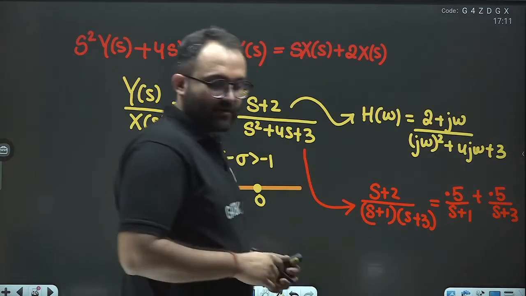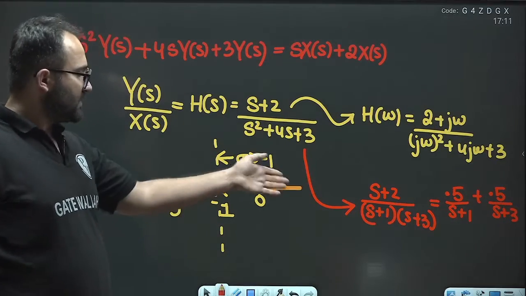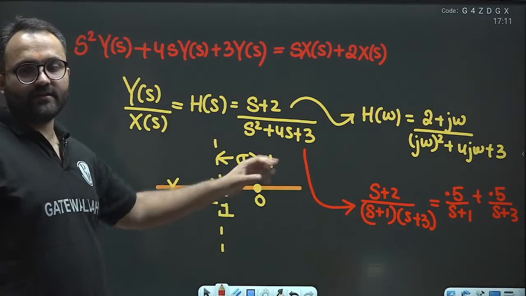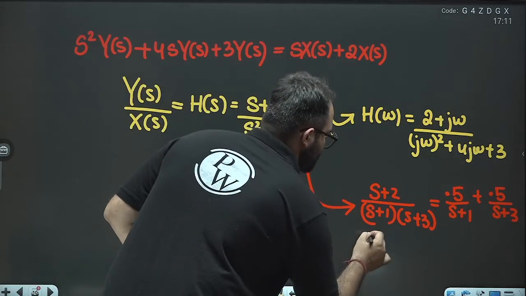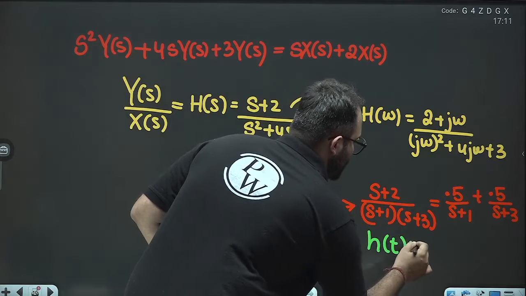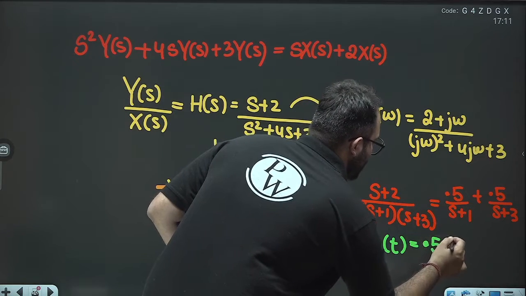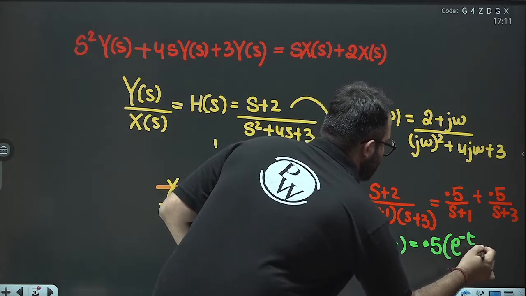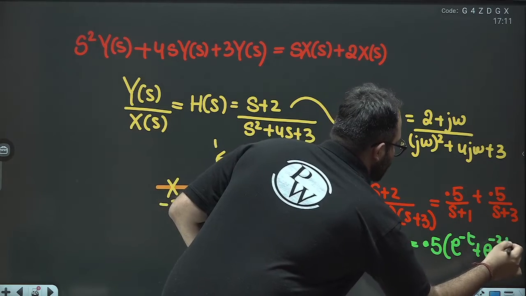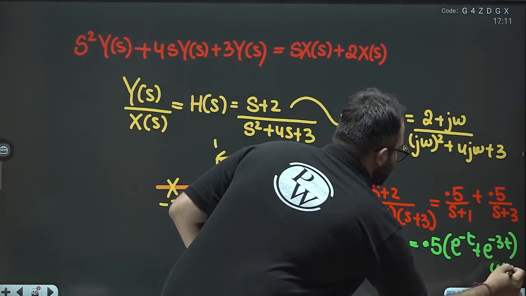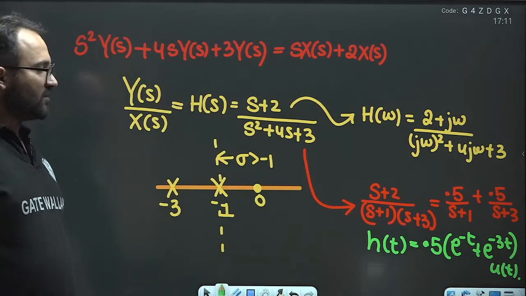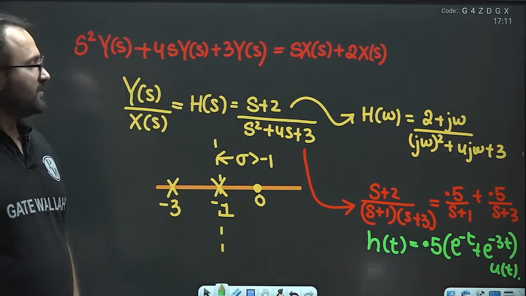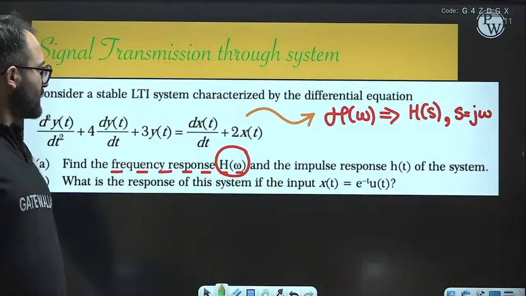Now, since the ROC is sigma greater than -1, both the poles are right sided, we can easily get h(t), the impulse response of the system, that is 0.5 e to power minus t, e to power minus 3t u(t). This is the impulse response h(t) of the system. I hope this is all clear to all of you. So this is how we can find it.